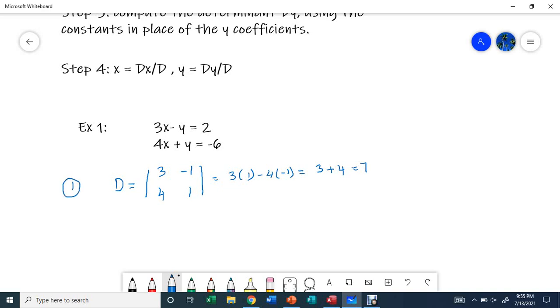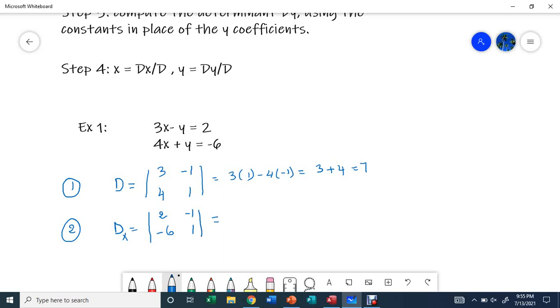Now the second step is computing the determinant Dx by replacing the x coefficients by the constants. So the constants are 2 and negative 6. So 2 goes here, negative 6 goes here, and nothing changes on the y side.